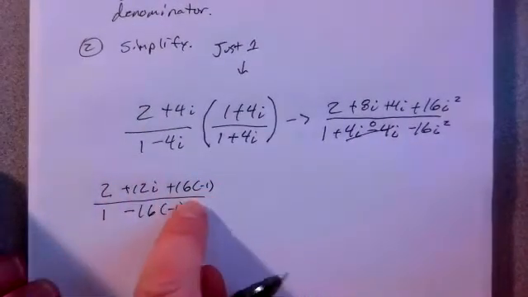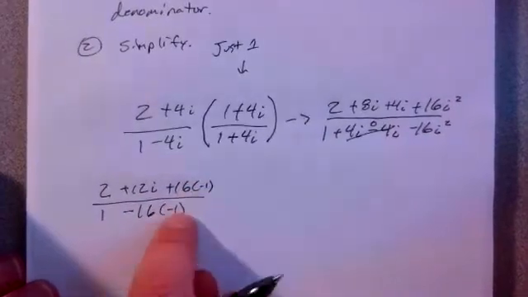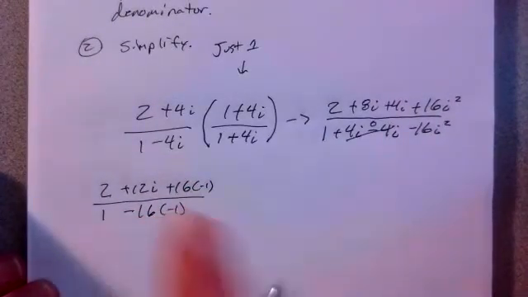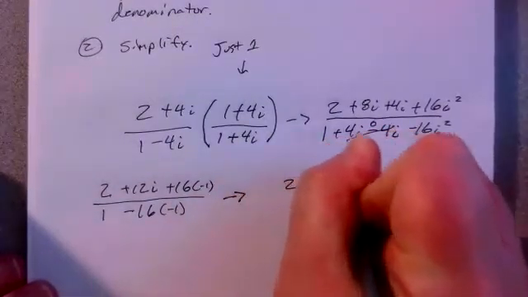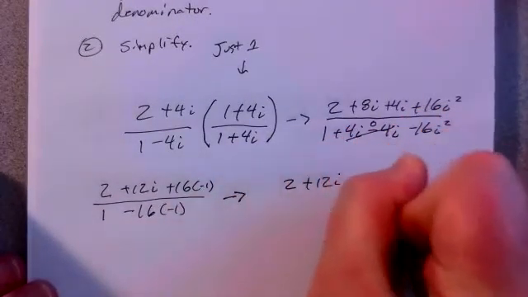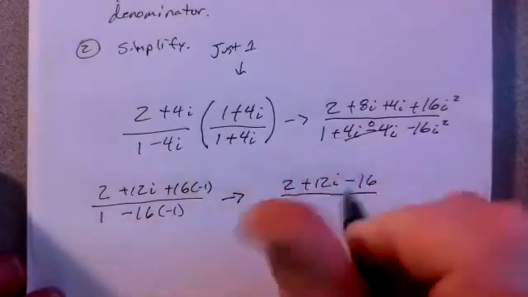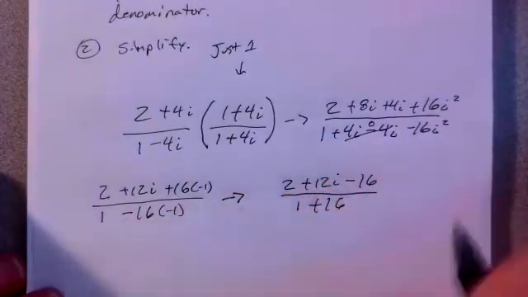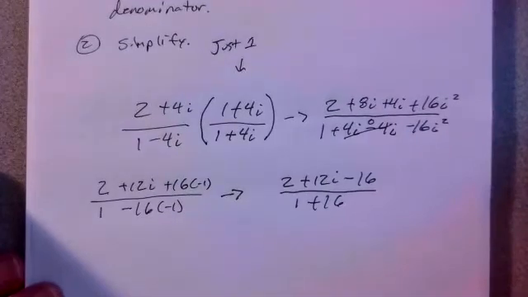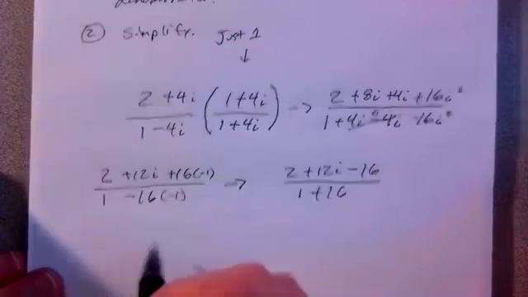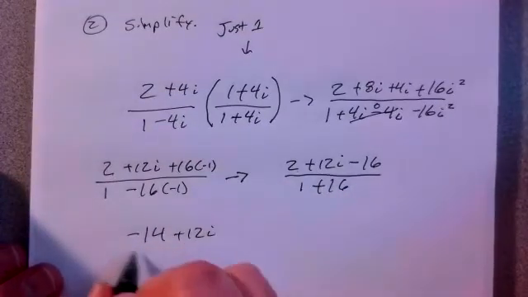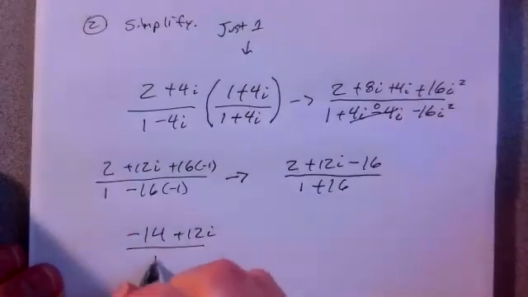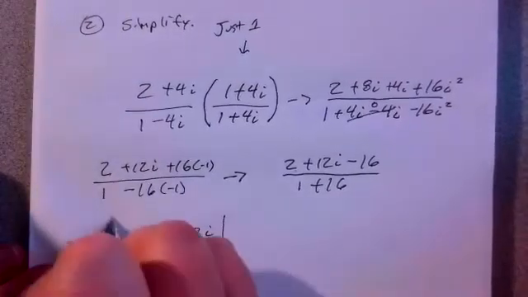Now I multiply my 16 on the top by -1 and the -16 on the bottom by -1. So I get 2 plus 12i minus 16 over 1 plus 16. Now I'm going to combine my like terms. 2 and -16 is -14 plus 12i on top. 1 plus 16 is 17.